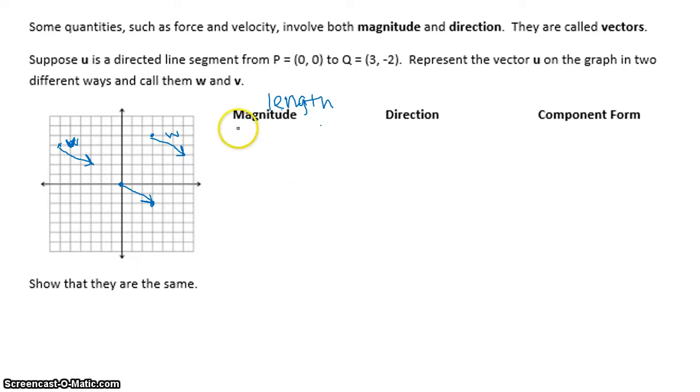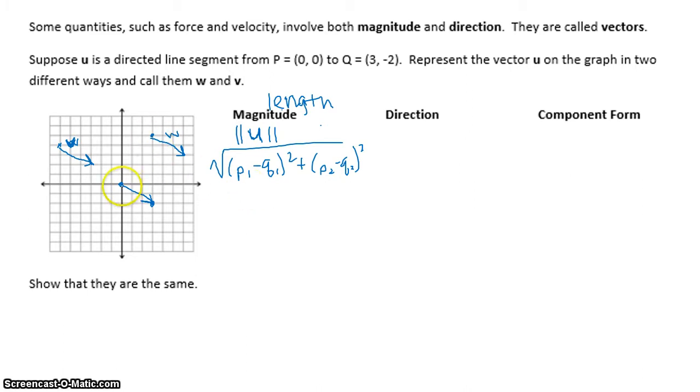Alright, so magnitude. We're going to start with the magnitude of u, and we use the double bar to find magnitude. Your formula for magnitude, like I said, is your length, so it's just your distance formula: the square root of (P1 minus Q1) squared plus (P2 minus Q2) squared. If it works for you to do the distance formula, do it that way.